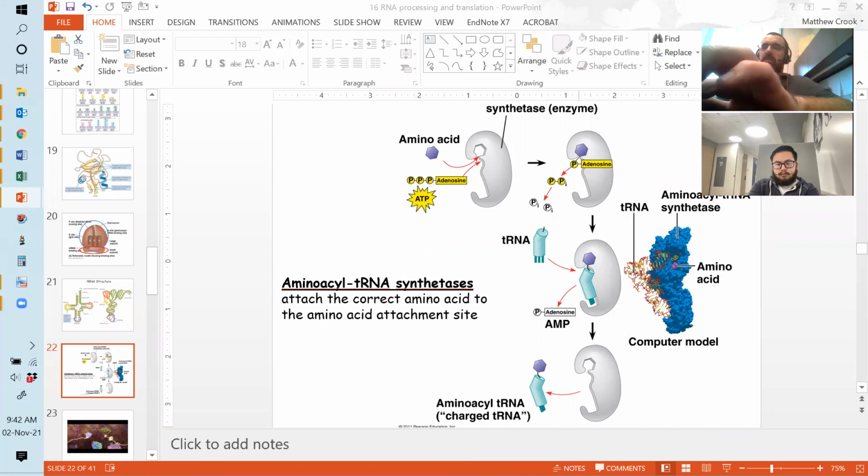So adding 1 amino acid to a polypeptide requires 3 units of energy. 1 ATP to charge the tRNA, 1 GTP, which is similar to ATP, to bring the tRNA into the ribosome, 1 GTP to move the ribosome 1 codon along the mRNA.